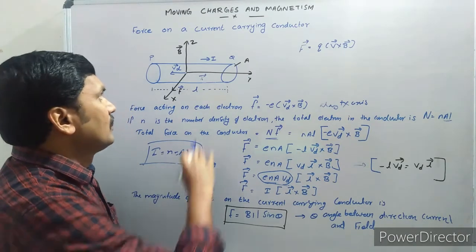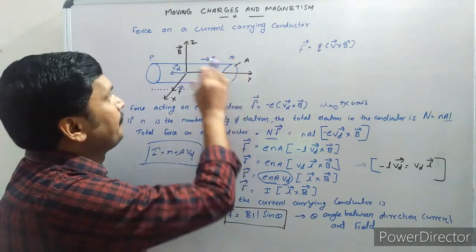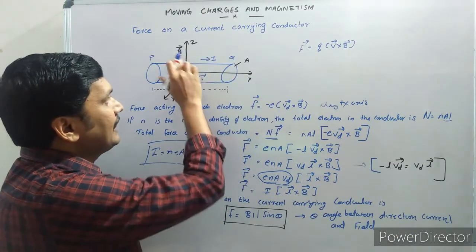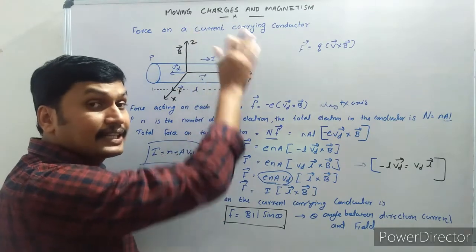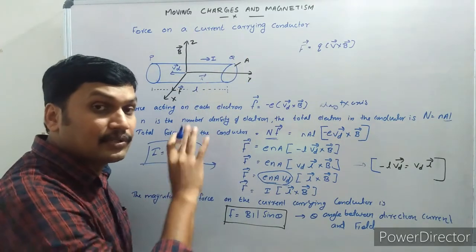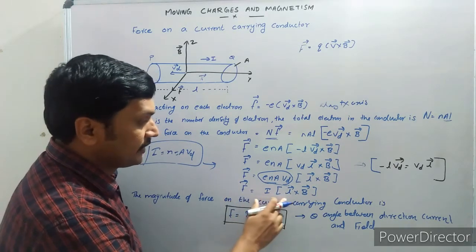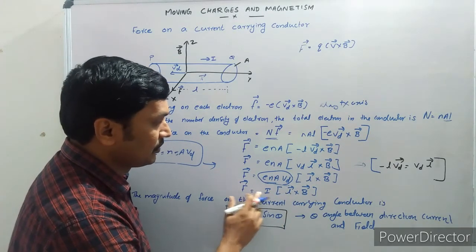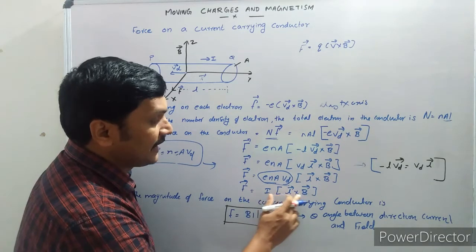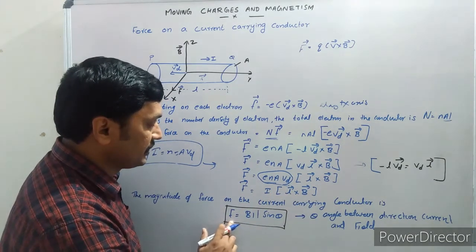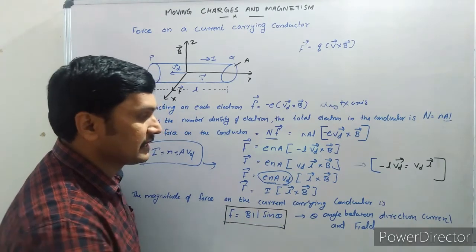Now the angle between B and length will decide the magnitude of force. The magnitude of force depends on the angle, because we can rewrite it this way: if theta is the angle between L and B, F is equal to B I L sin theta.